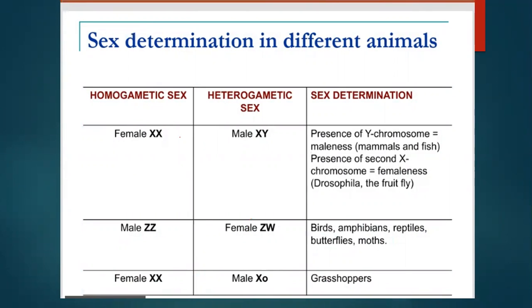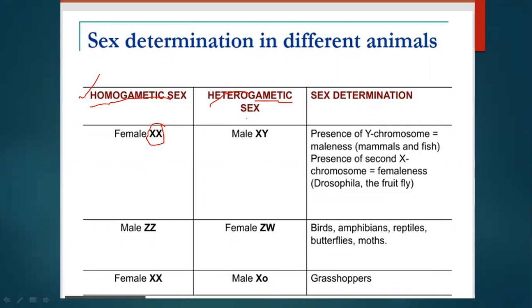If we see the sex determination in different animals, they are having different patterns. Different patterns of sex determination we can see briefly, then we'll see in detail. Homogametic means both of the sex chromosomes in the pair are the same, and hetero means different, gametic means in gametes.